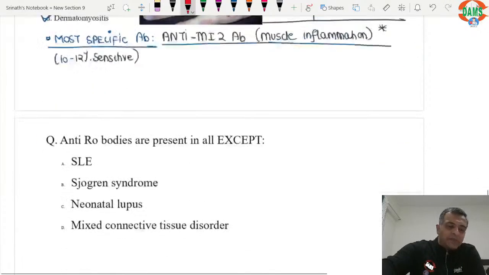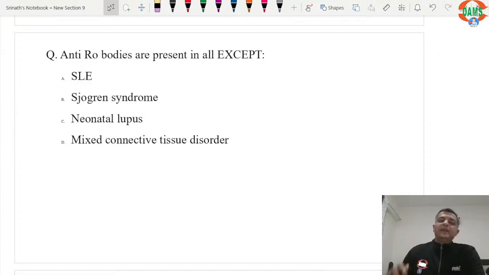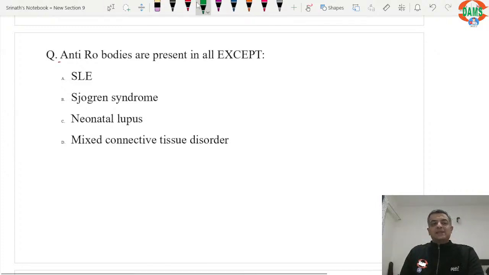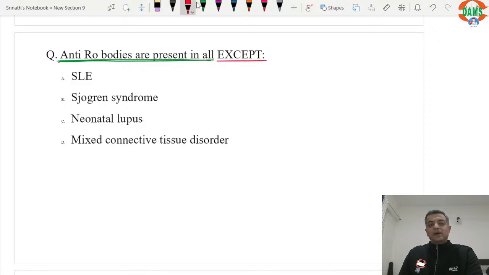Take this forward. Anti-Ro antibody is present in all the conditions except for. So in our revision, we did all about the antibodies in rheumatology. Tell me Ro also. It is present in SLE. In SLE, it has got prognostic value.